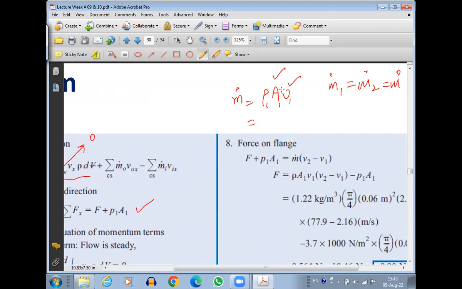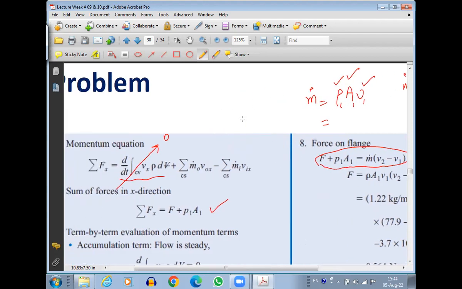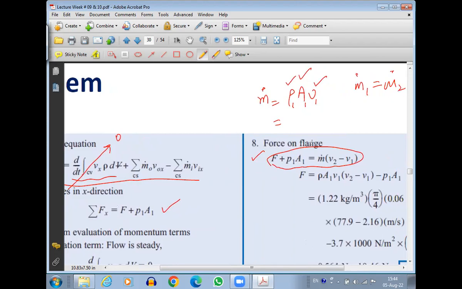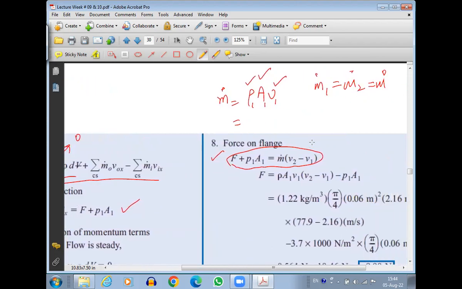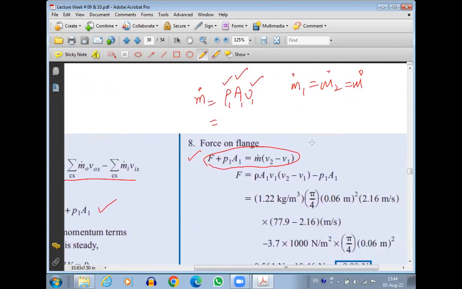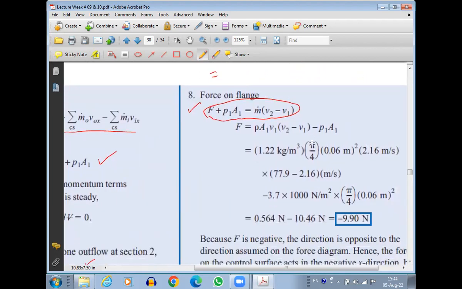We know the velocity at the inlet. We know the density. So we can find out m dot. Okay, so m dot is clear. Now, once we have this, we can apply it into the main equation. If we apply it into the main equation, we are going to get this. Now in this, we have everything. We just substitute the values and we are going to get the value of F.